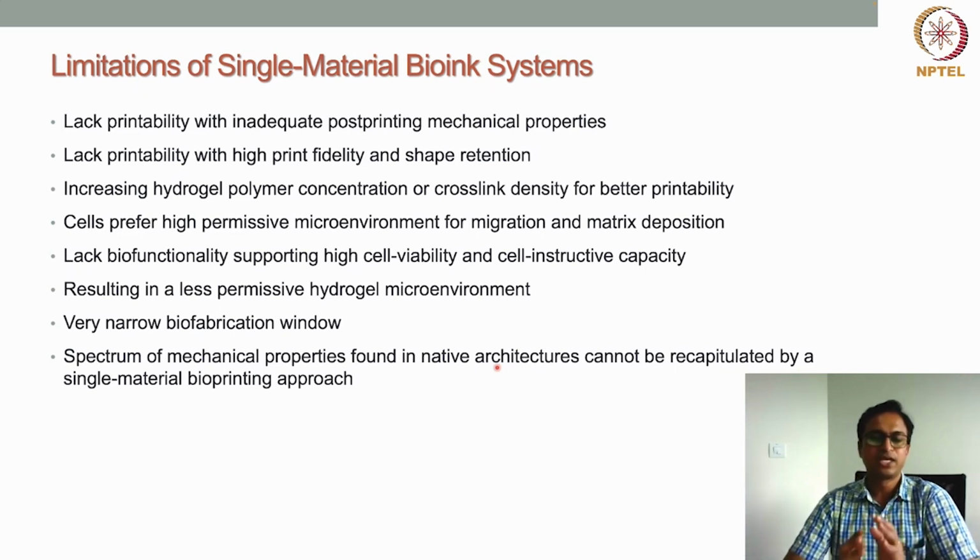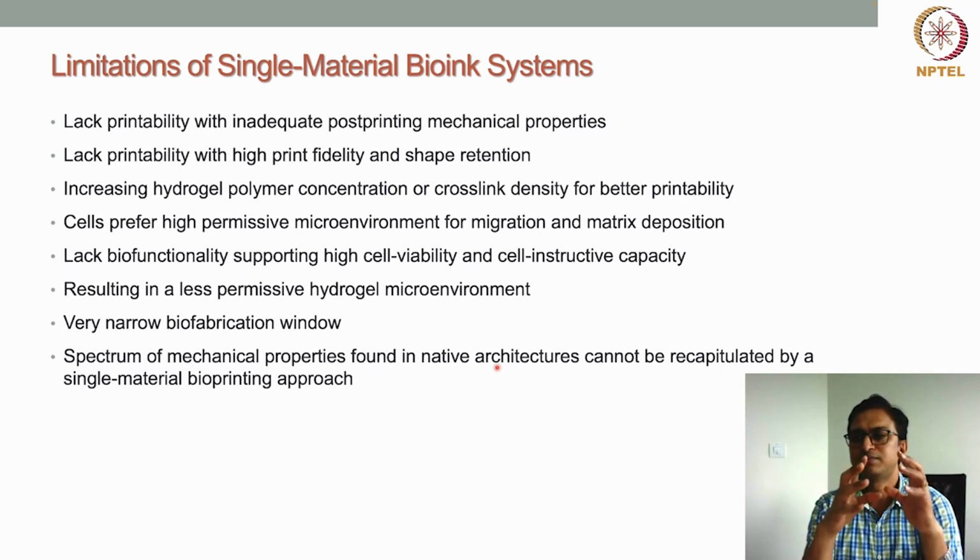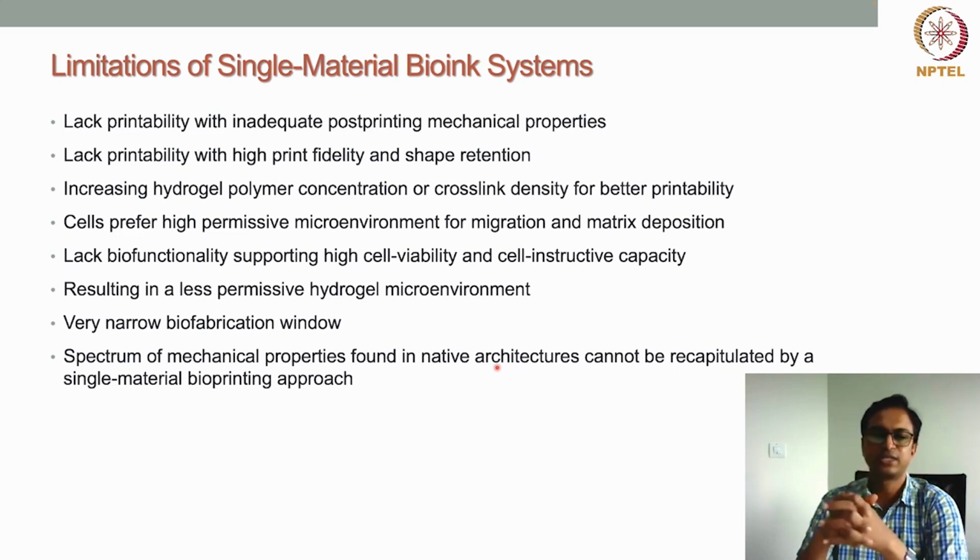So the take home message from this slide is that we need a bioink that is good for printing, where the printability is good and the post-print fidelity or mechanical property is also good, but which also provides a less stiff, more permissive hydrogel microenvironment that is good for cell viability.